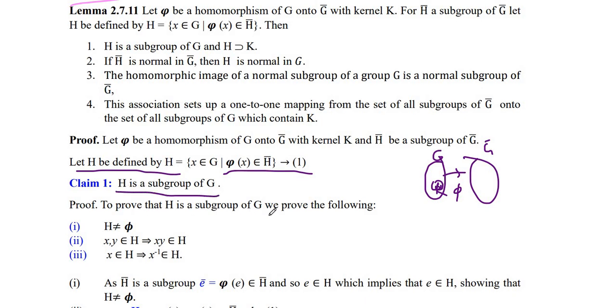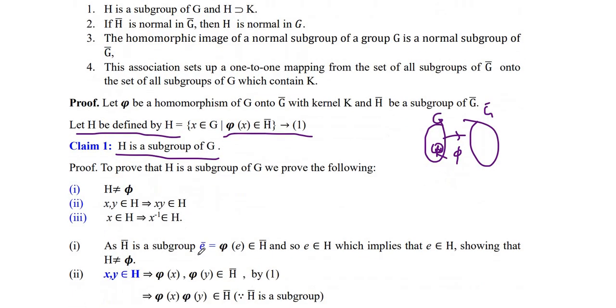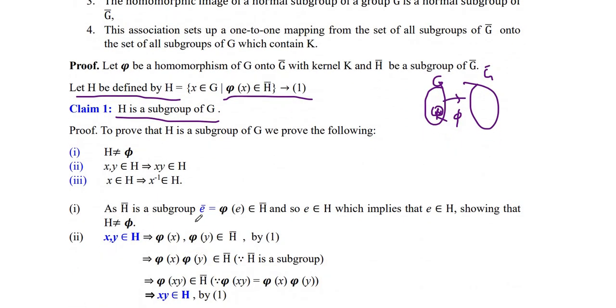To prove that H is a subgroup of G, we have to prove that H is non-empty and closure as well as inverse are there in H. So first, for the first part we are given H bar to be a subgroup. So as H bar is a subgroup, E bar, which is the image of E under phi, because phi is a homomorphism, will belong to H bar. E bar is definitely present in H bar because H bar is a subgroup.